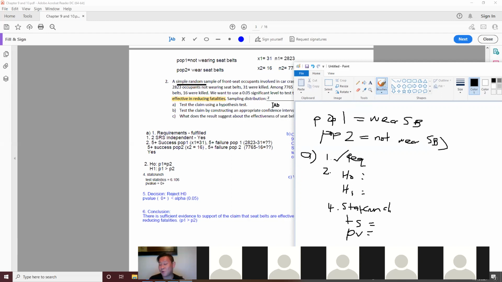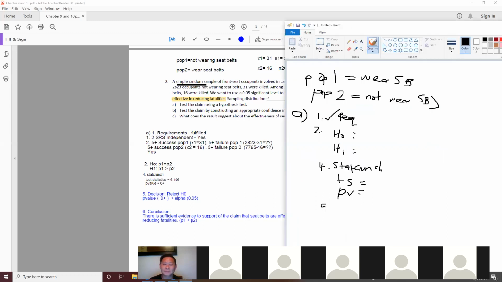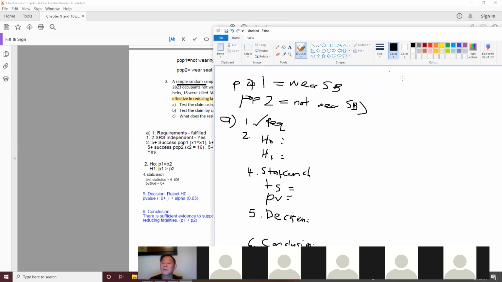As a teacher, I know what's going on, and I want you to know what's going on here. This is quite important. And then the decision and the conclusion as usual. I want you to compare these two. And then you do the confidence interval. Same thing that we just did.